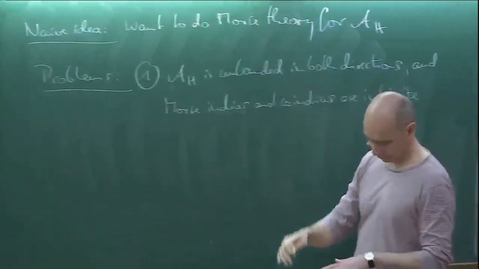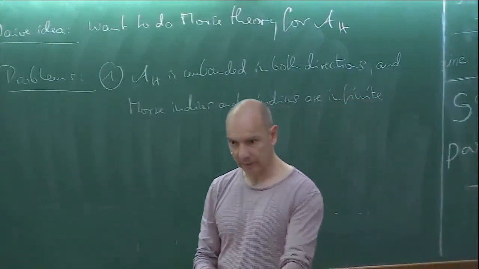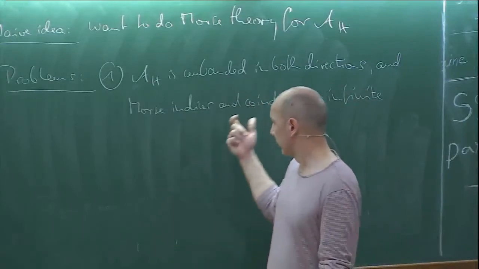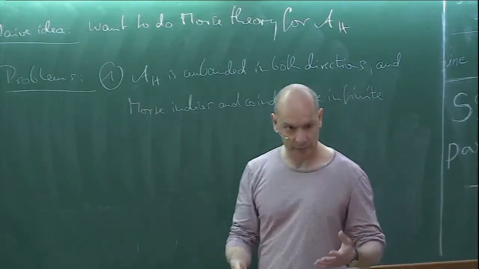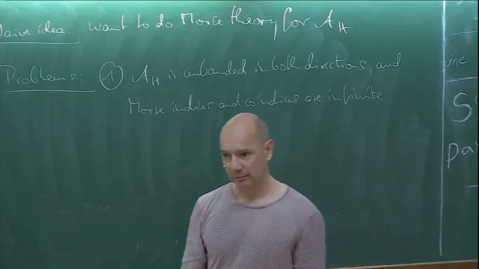So the Morse index is just the dimension of the negative eigenspace of the Hessian. The co-index is the dimension of the positive eigenspace of the Hessian. They're both infinite. So it looks like we're in trouble.